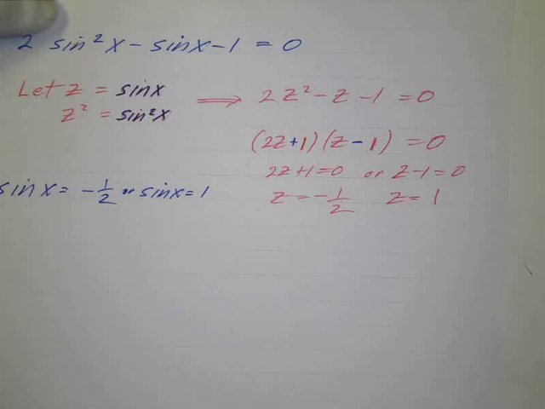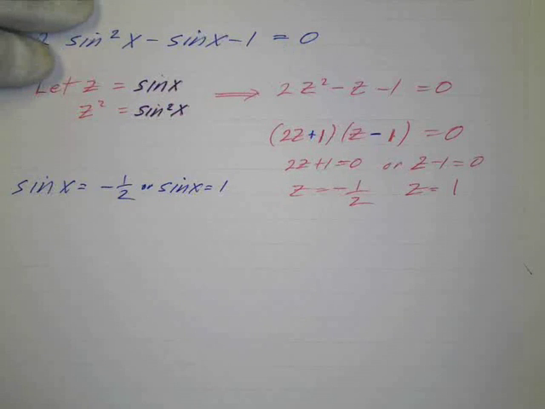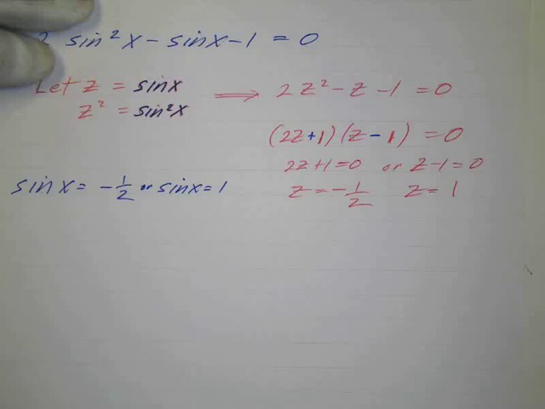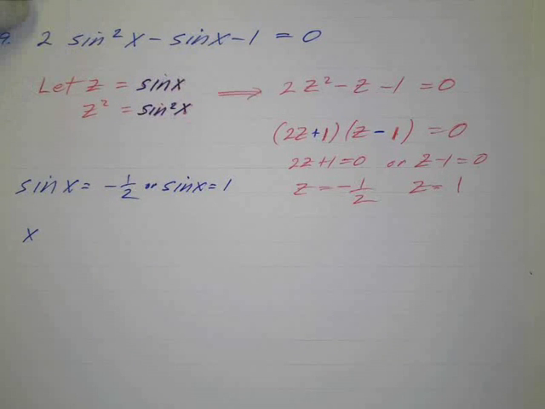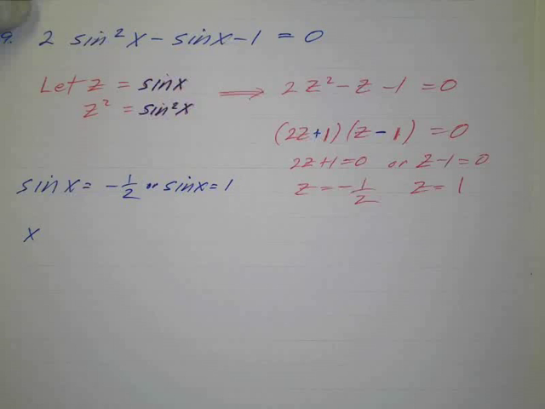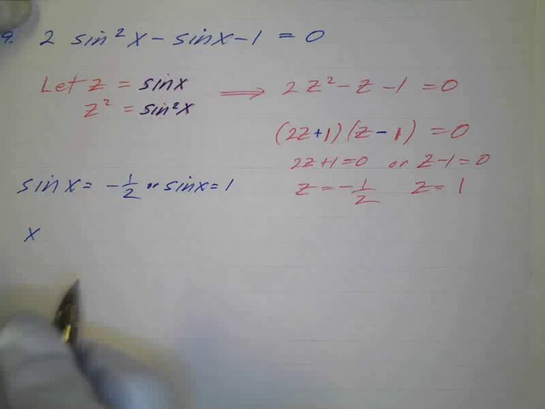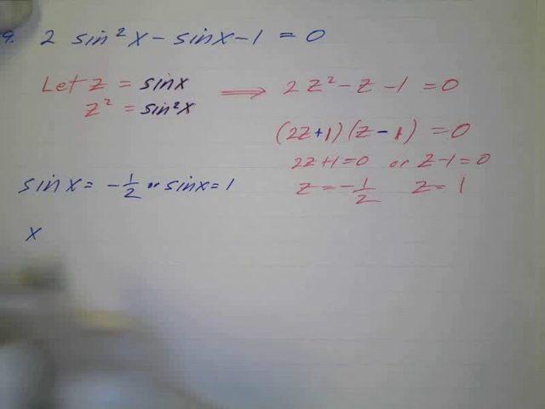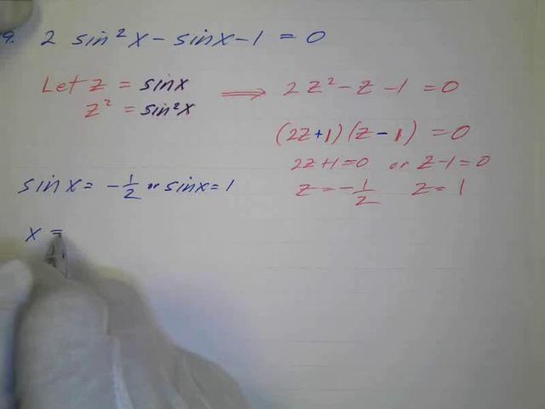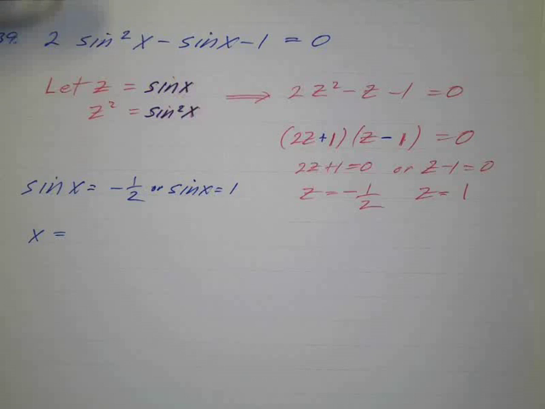All right? Okay, so we know the sine of x equals 1/2 when x is equal to pi over 6. But this is negative, so this is going to be in the quadrants where the sine is negative.